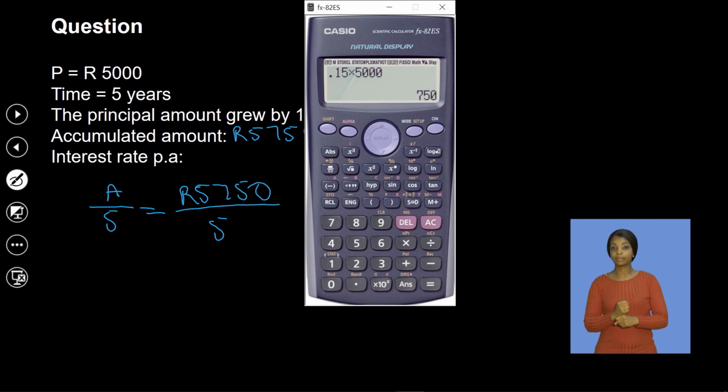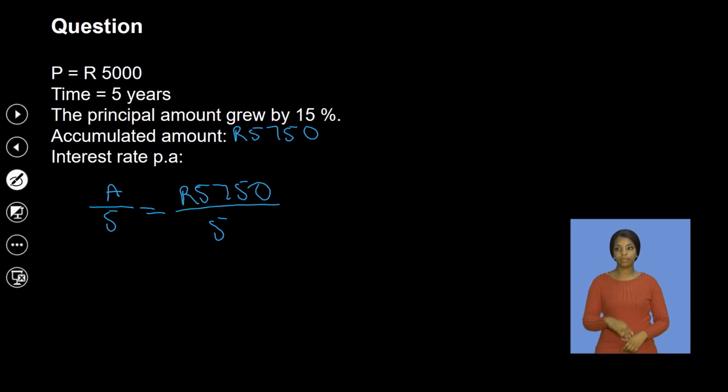So this will actually be plus 5,000 there. And then I divide this by 5 years, which gives me 1,150. So this will be 1,150, right?